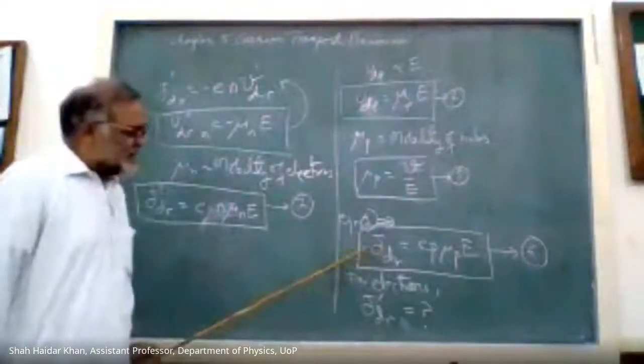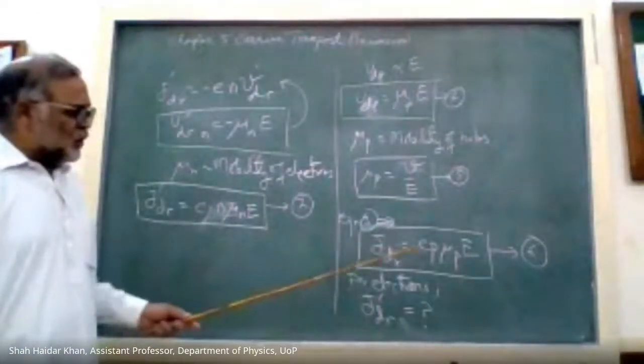Okay, equation 6 gives you the current density because of holes.